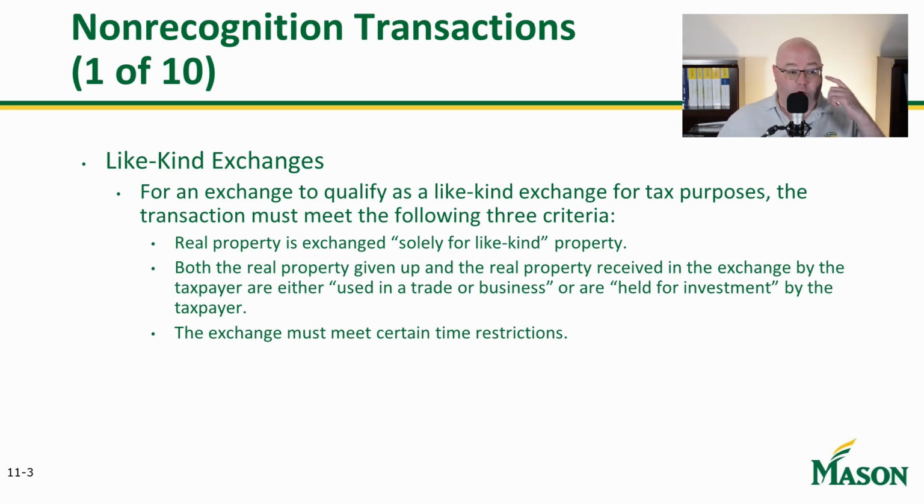They actually ended up paying more for the second property, so they put money into the 1031, and one of the benefits of that is that it increases basis. But obviously you can't do it for that sole purpose. Then you have to meet certain time requirements that we'll go over later on.